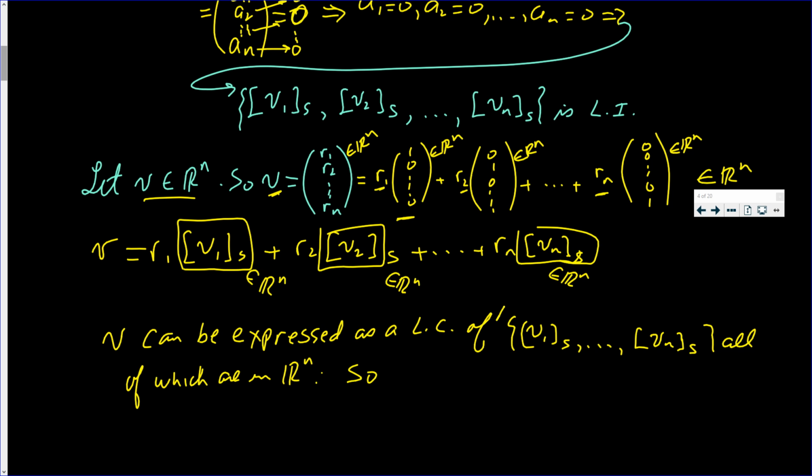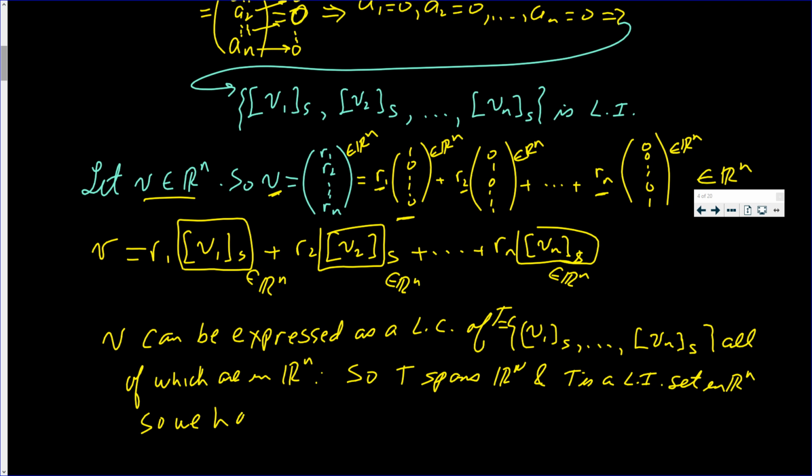So, time to give this a name. Call this set T. T spans Rn, and T is a linearly independent set in Rn. So we have that T is a basis for Rn.